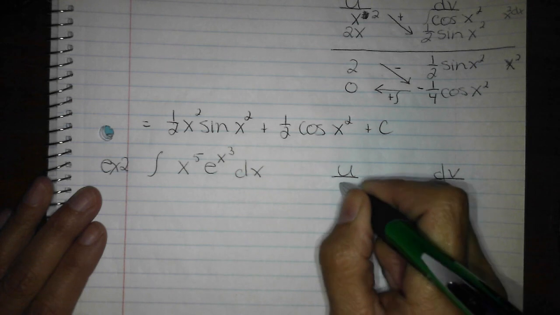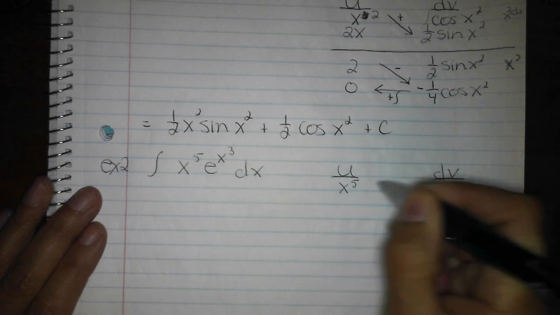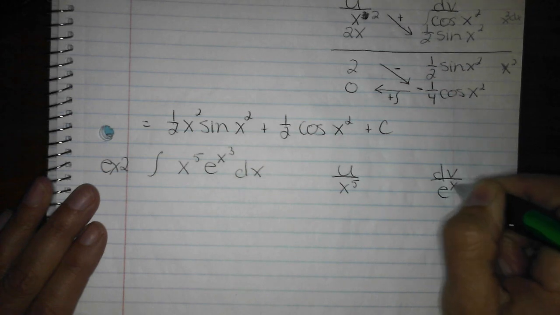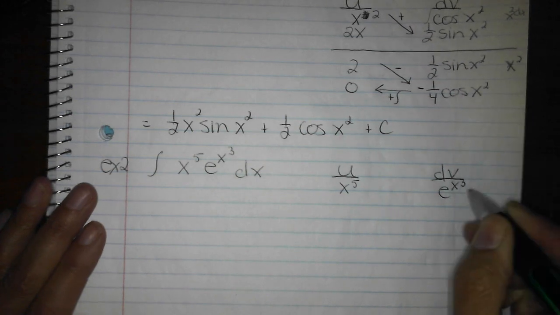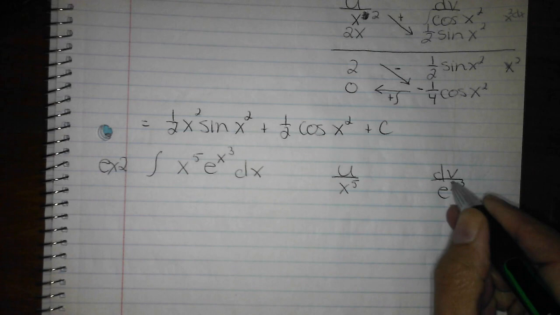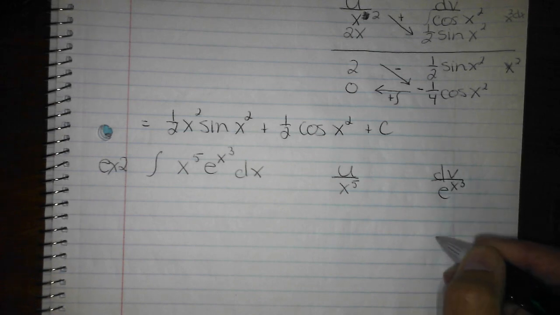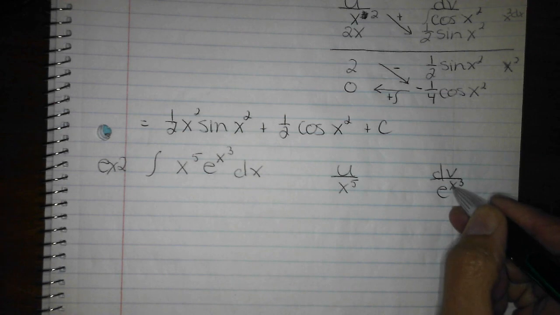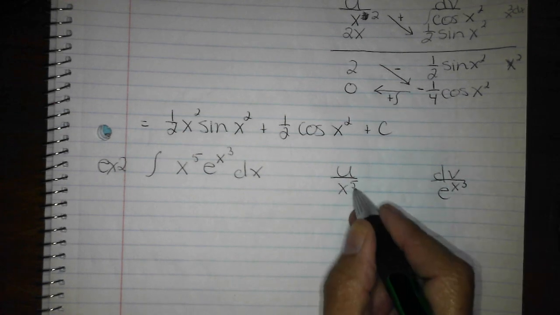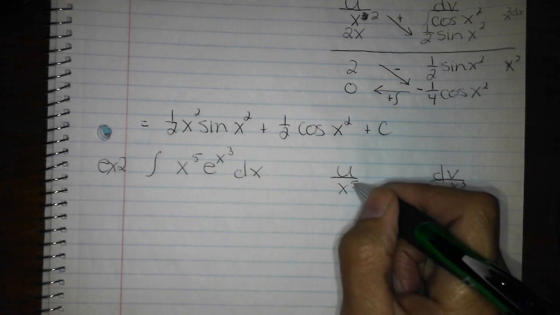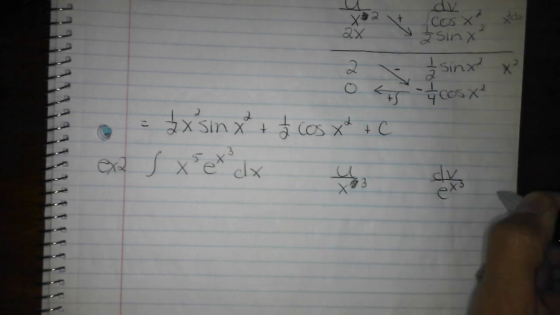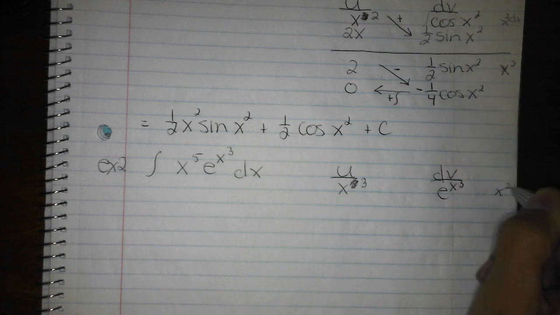Looks like we want to put the x to the 5th here, but before you get going, look over here, e to the x cubed. So think about this. Again, we need the derivative of the exponent before we can do antiderivative. The exponent derivative is 3x squared. So I've got to steal 2 of these x's, or reassociate them. So I'll leave 3 here and put the x squared, excuse me, over here.